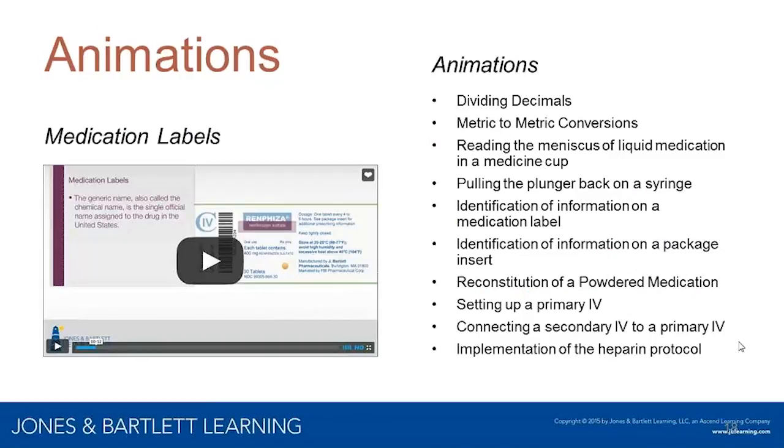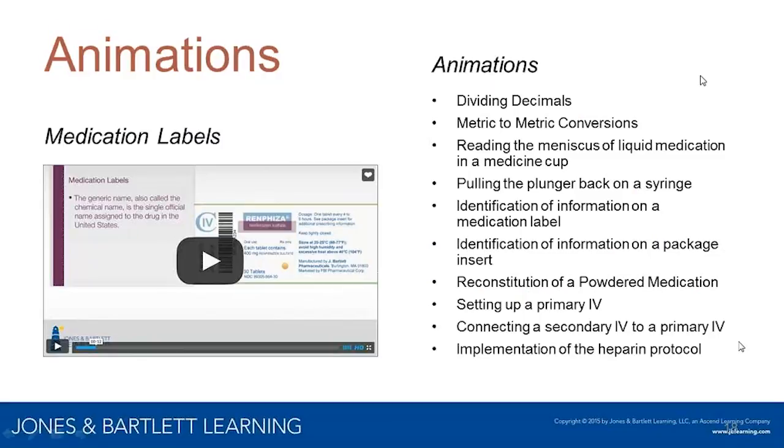Okay, so to provide context to some concepts, we made animations available to students, and the ideas for animations came in part from concepts that students have a difficult time grasping. If you look at the list on the right, those are the list of animations that we provide. And all animations will reside in the ebook. But I know that reconstituting a medication is a concept that students have a difficult time grasping, so they can actually see it.